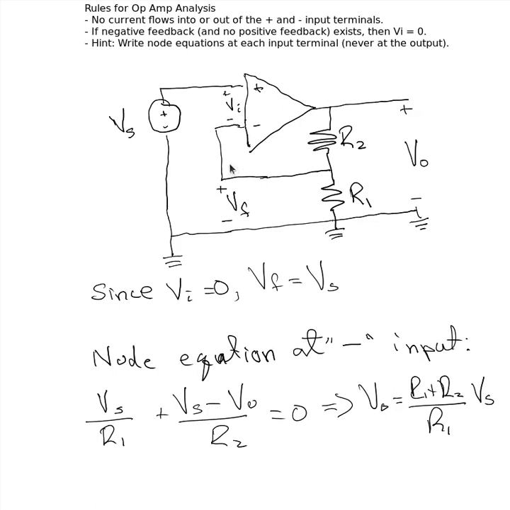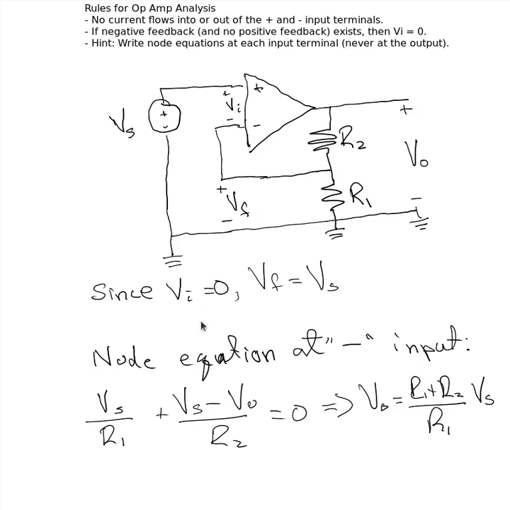And in that case, it says Vi is 0. If Vi is 0, that says Vf equals Vs. And Vf is right here, so instead of calling it Vf, I'm going to call it Vs. And I'm going to write a node equation right here at this node. First of all, there's no current going back in here by rule number 1. The current going down through R1 is just Vs divided by R1, because Vf is Vs here.